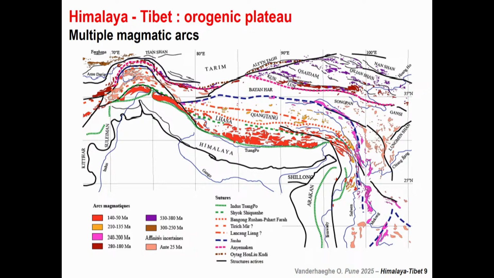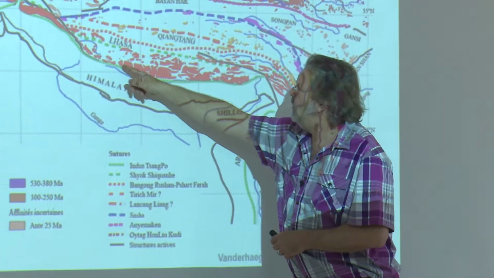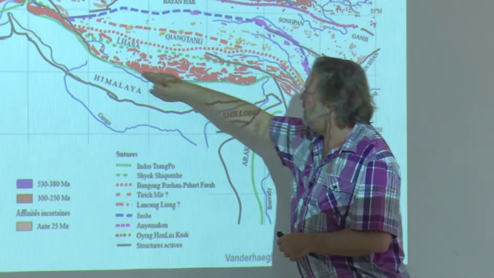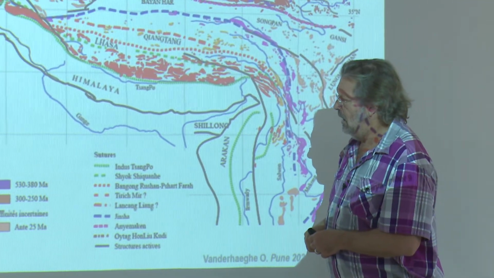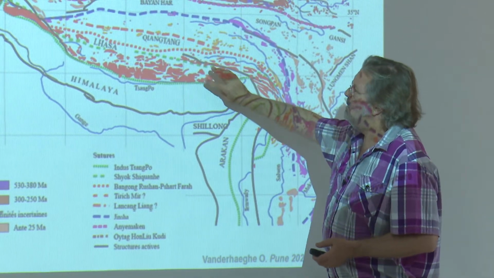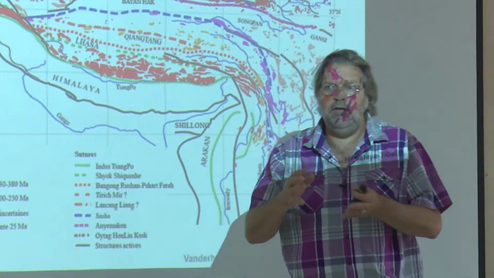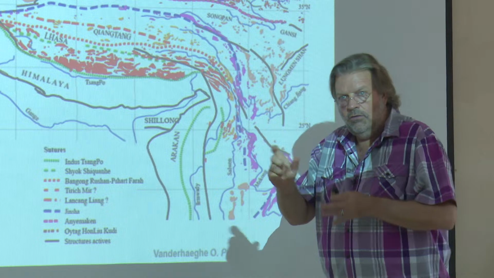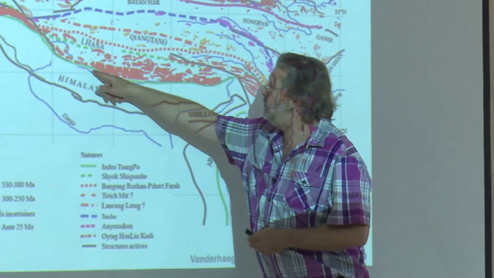The oldest is there, and it gets younger and younger, and the latest one is the Trans-Himalayan or Ladakh batholith here, and its extension to the east, and that's the last events. DPEC is working on that. It's 40 million years, and that's the last magmatic event, which is north of the Indus Tsangpo suture.